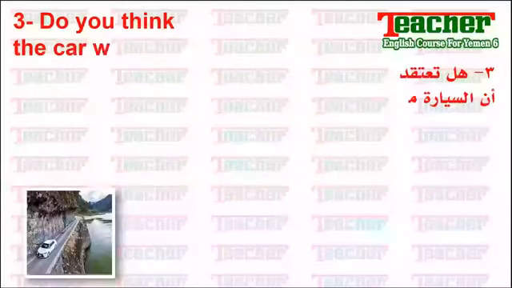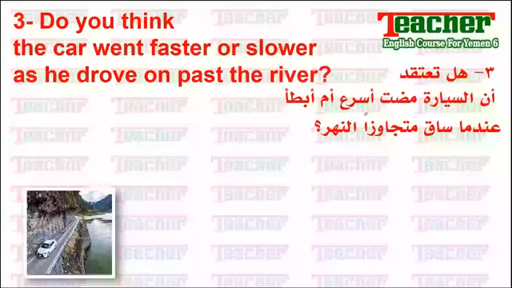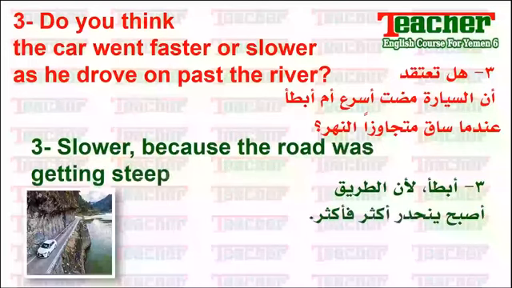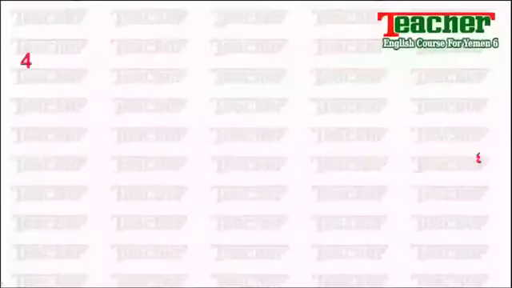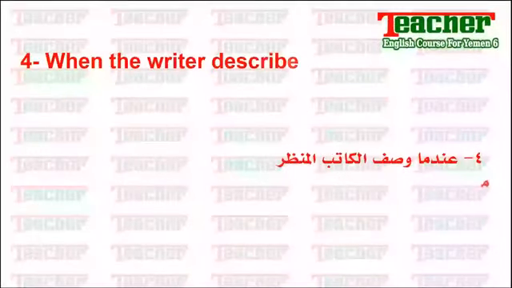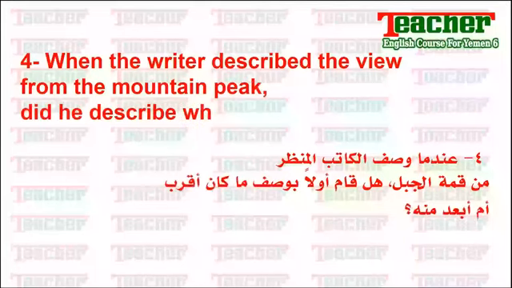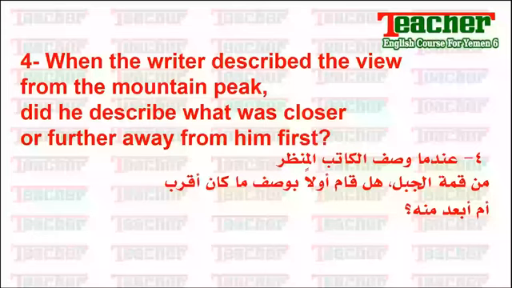3. Do you think the car went faster or slower as he drove on past the river? Slower, because the road was getting steeper and steeper. 4. When the writer described the view from the mountain peak, did he describe what was closer or further away from him first?